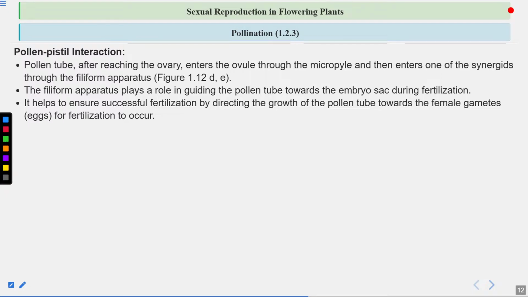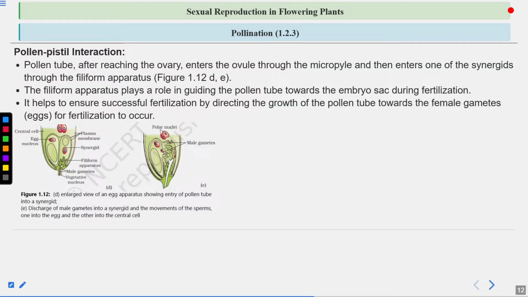Sometimes it could be asked in your examination, what is the importance of the synergid cell? The filiform apparatus guides the pollen tube to enter inside the synergid cells, right? So this is very important. Don't forget this.